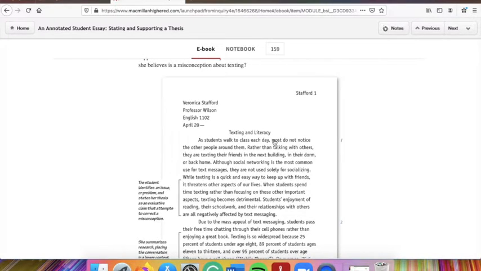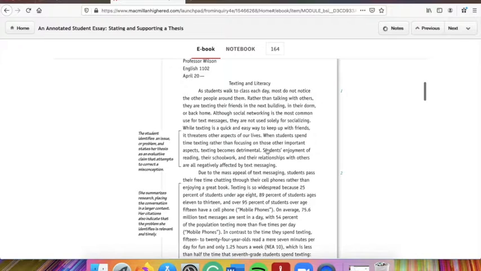Students' enjoyment of reading, their schoolwork, and their relationships with others are all negatively affected by text messaging. As you can see, they've stated their thesis statement. They're probably going to talk about relationships with others, their reading, their schoolwork, their enjoyment of these things that are all suffering. They're kind of signaling what they're going to talk about in their essay in that thesis statement.